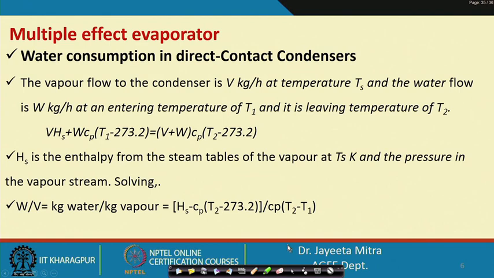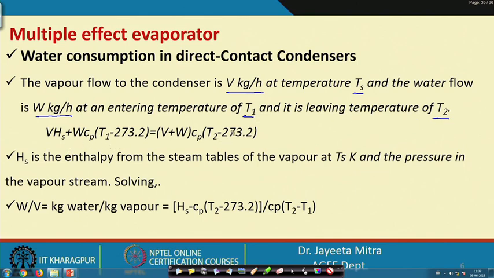If we assume the vapor flow to the condenser is V kg per hour, at a temperature of Ts, and the water flow is W kg per hour at an entering temperature of T1, and this water leaves at a temperature of T2. Okay. Then the heat given by the V kg per hour vapor will be taken by the W kg per hour water, and the temperature of this will increase from T1 to T2.